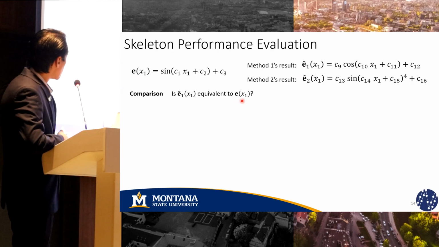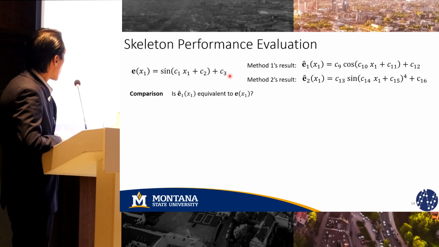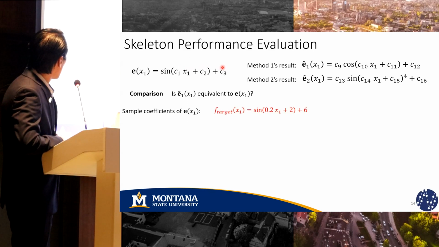It turns out that if two skeletons are mathematically equivalent, it really doesn't matter if they're using different operators. If they are truly equivalent, then they should be so for any combination of values that I decide to use here. So if I sample the coefficients for this skeleton using random values, then I can generate multiple values for x1 and calculate the corresponding output.